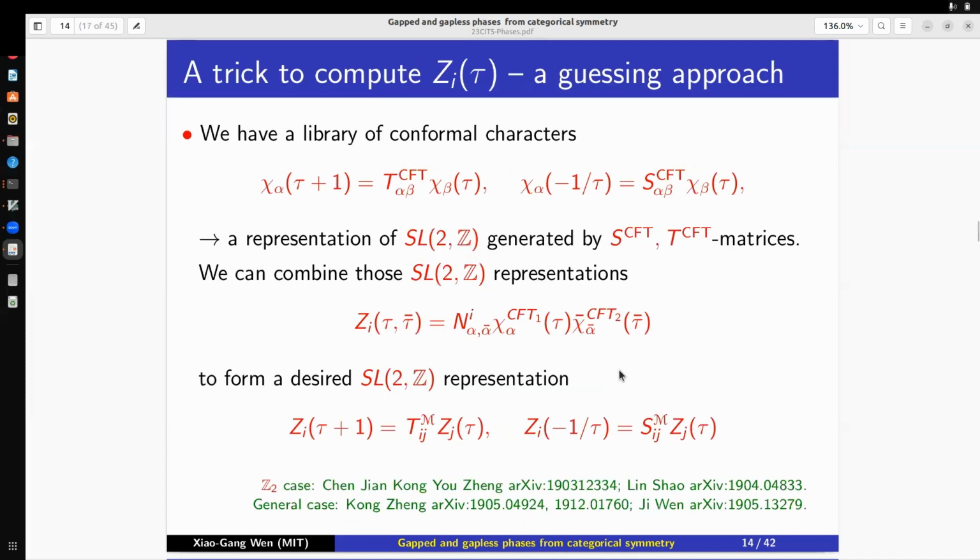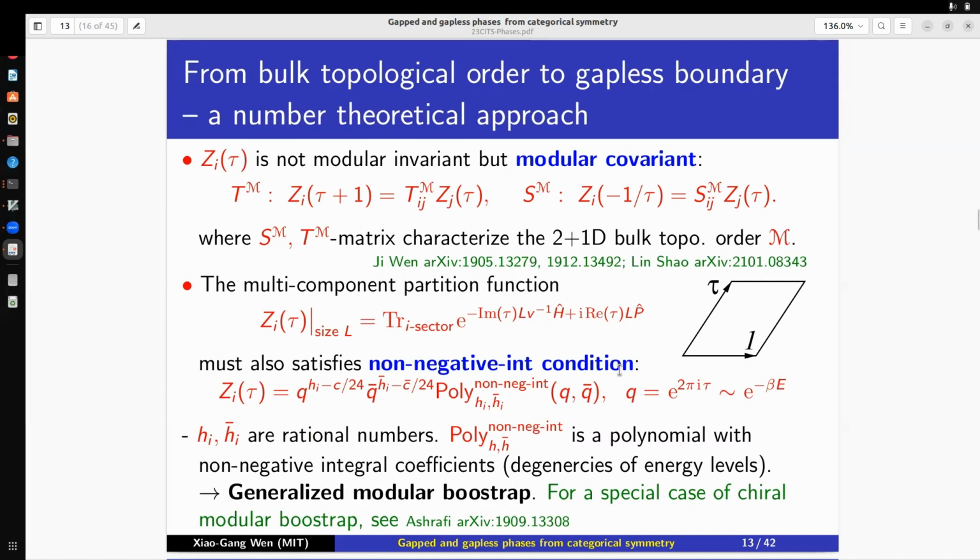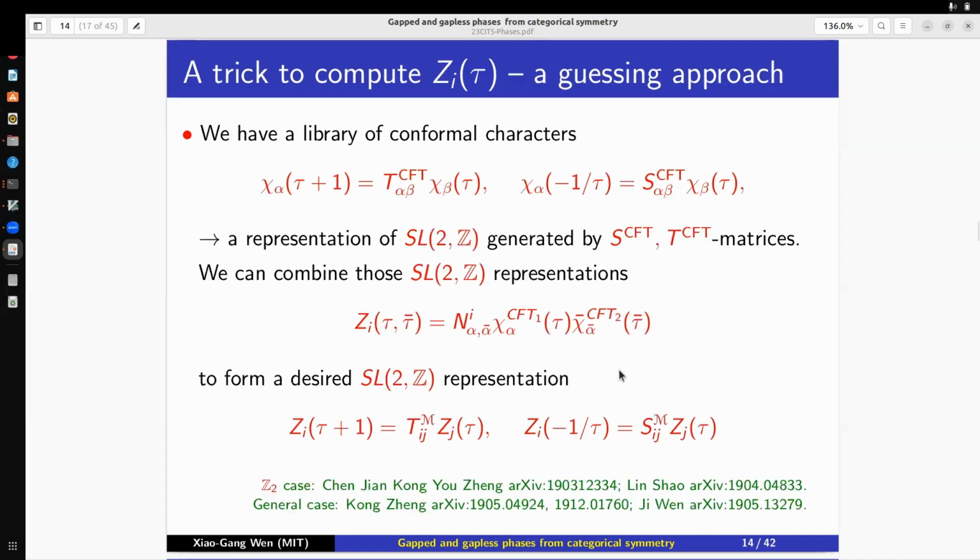At the moment, we don't know how to solve this problem. This is a nice program, but we don't know how to do it. But there's a hacker's way to do this. In one plus one dimension, we have a library of so-called conformal characters.